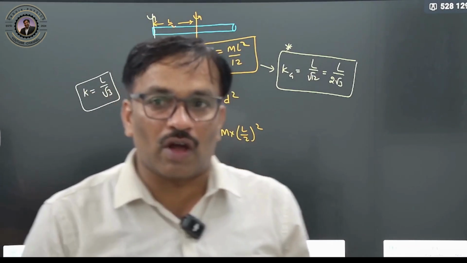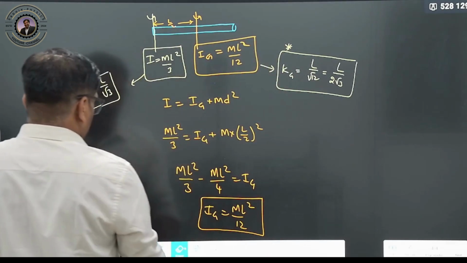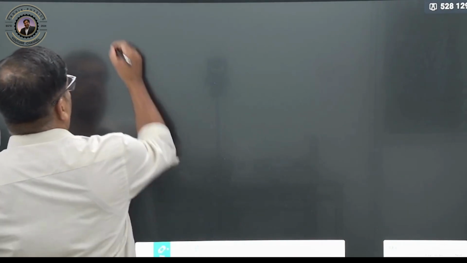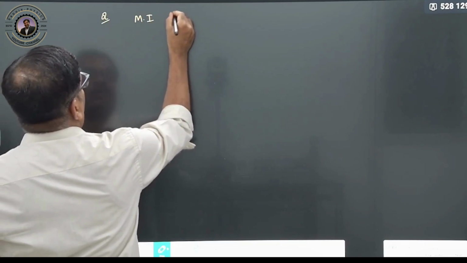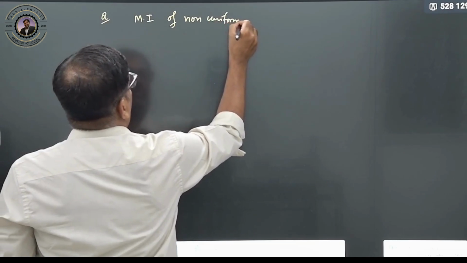There are also non-uniform rods, and we can calculate the moment of inertia in the same way. Let us see one simple question. What will be the moment of inertia of a non-uniform rod?